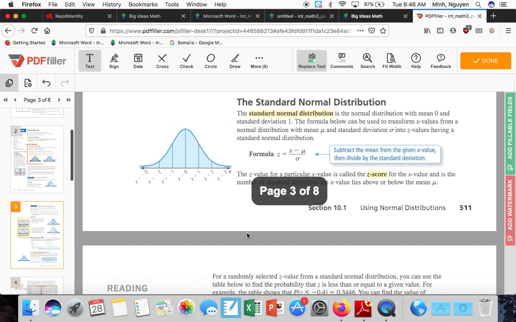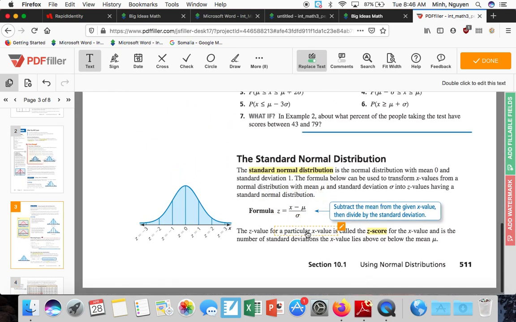This formula works where you can work backwards if they give you a z-score. Out of these four bits of information, z-score, x value (a piece of the data), the mean, and the standard deviation, you only need three bits to find the fourth. So there might be a problem where they give you the z-score and you have to figure out the data value, or the standard deviation, or the mean, or something like that.